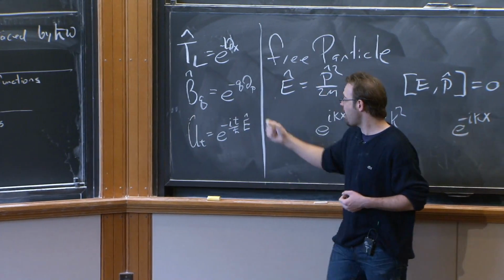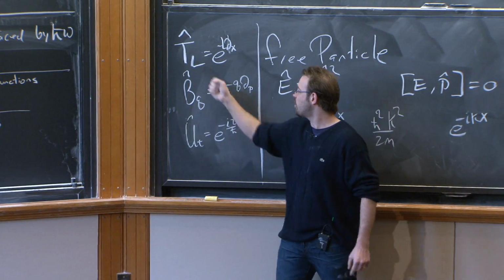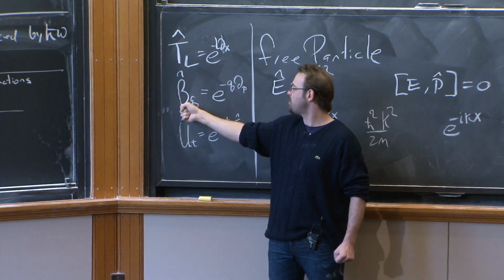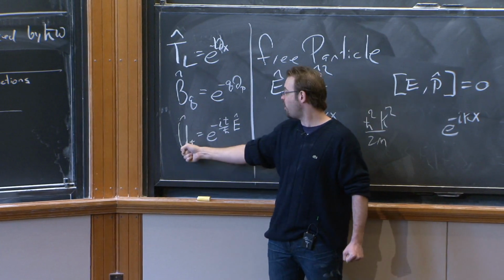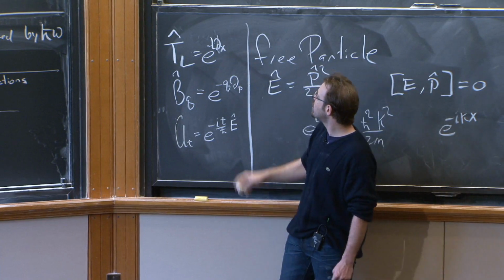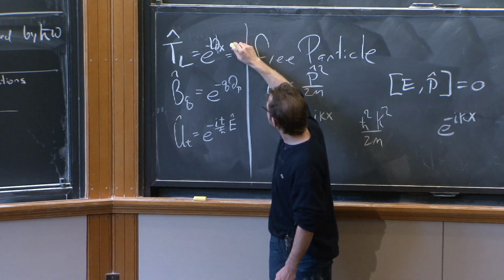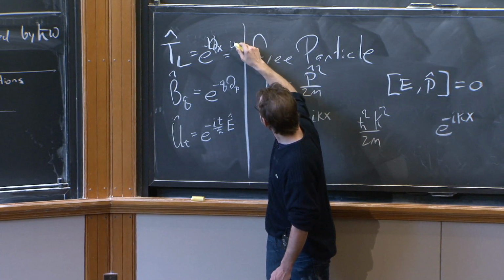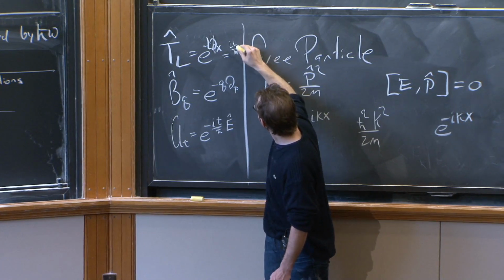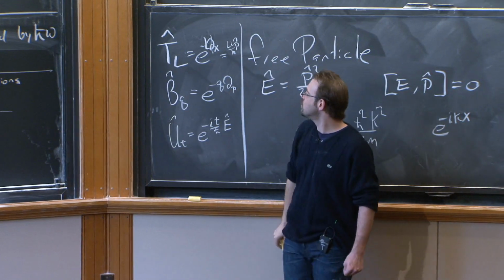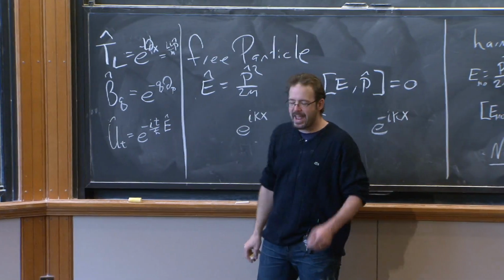Okay, so these are transformation operators. These are symmetry operators, which translate you by L, boost you or speed you up by a momentum q, evolve you forward in time t, and they can all be expressed as e to the i of a Hermitian operator.